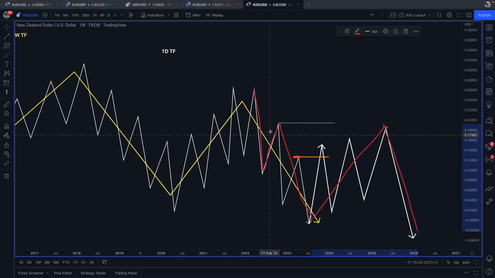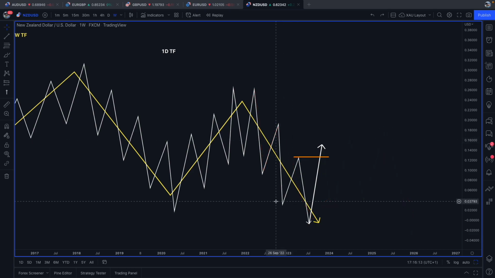That is still following this fractal structure. There is nothing wrong with that, because this lower high, as I say, is actually lower than this lower high here. So it is still following the fractal bearish structure. So this is why it's important that we can differentiate the difference between a break of structure and a displacement in price. Because if we can do that, then we know longer term what price is going to do.